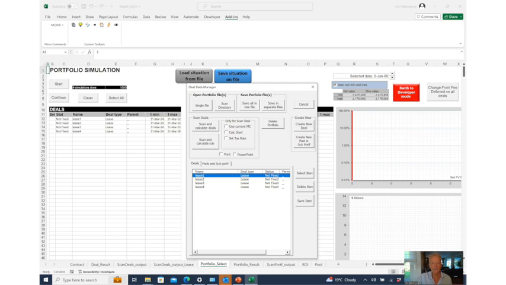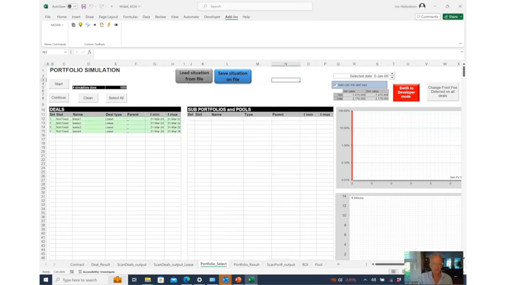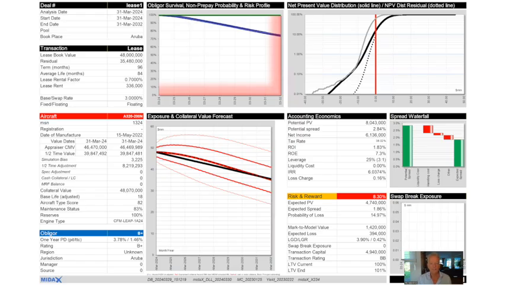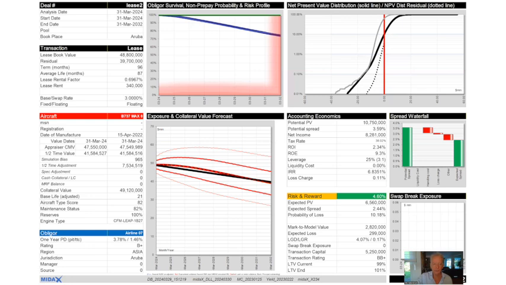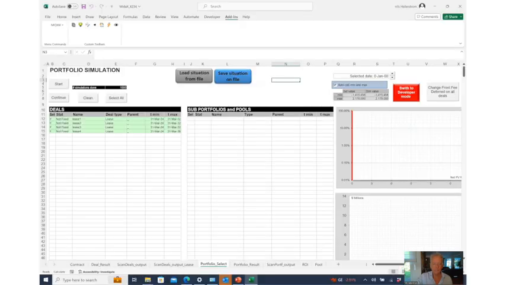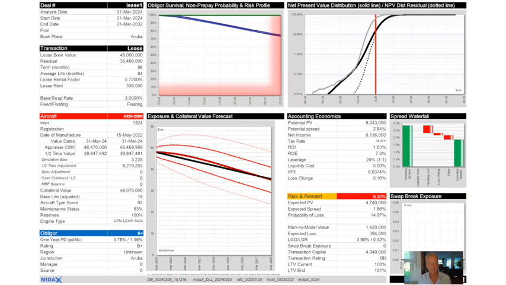So if it's lease 1, for example, then we run just lease 1. This is the result of lease 1, run on a standalone basis.